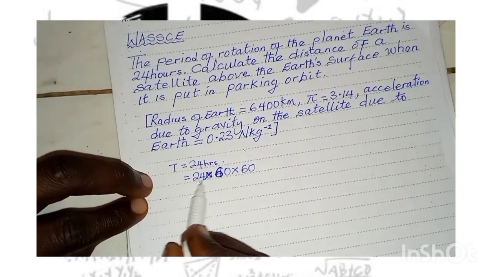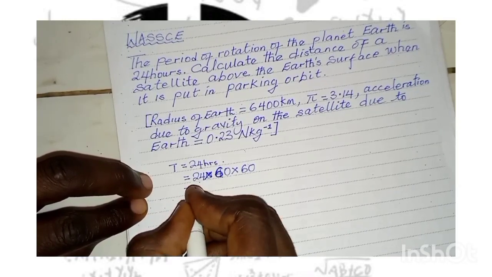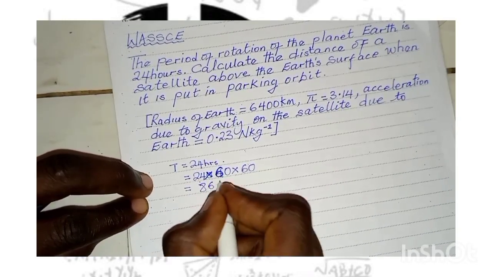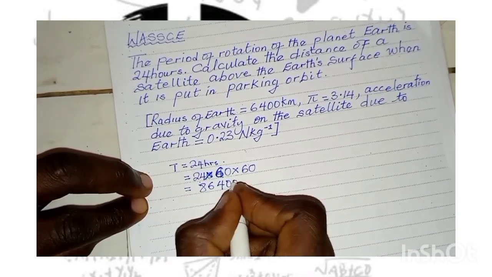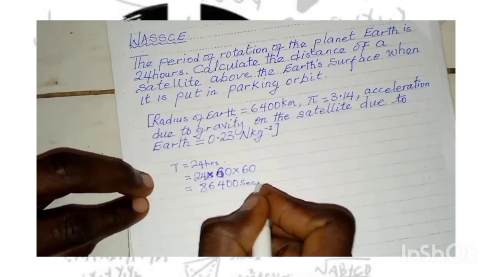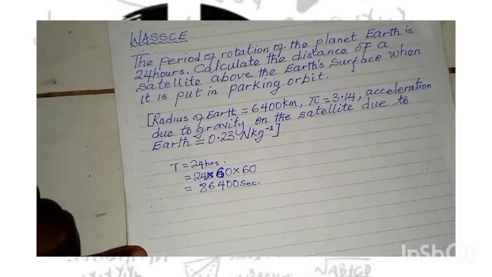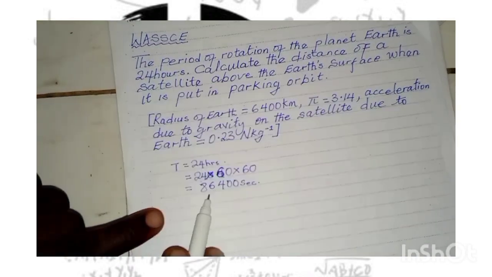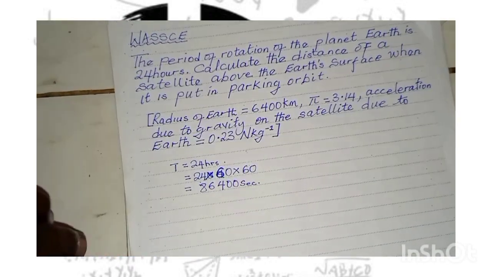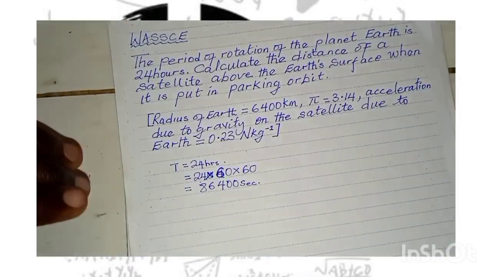If you multiply 24 by 60 by 60, that is going to give you 86400 seconds.